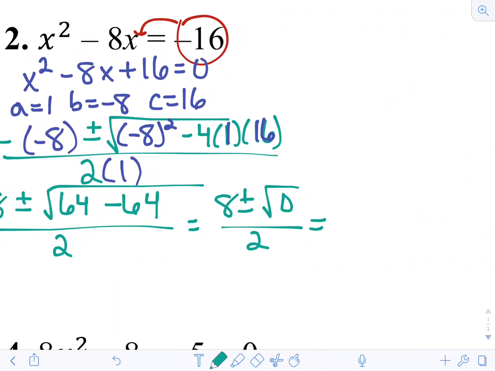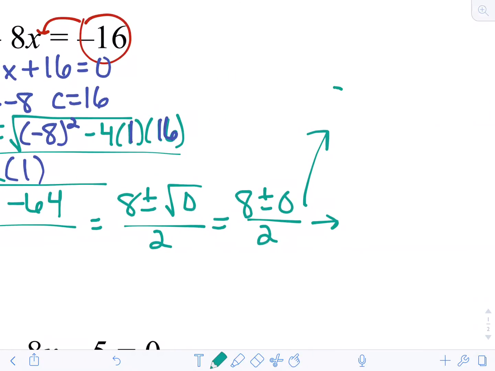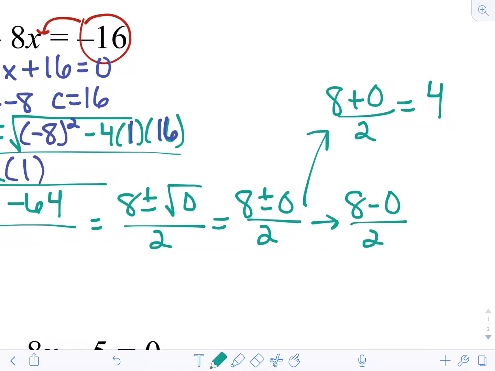The square root of 0 is just 0. Once you get here, you got to do it two separate ways, the addition and the subtraction. So 8 plus 0 divided by 2, and 8 minus 0 divided by 2. Both of these are 8 divided by 2, which is 4. So your answer here is just x equals 4.